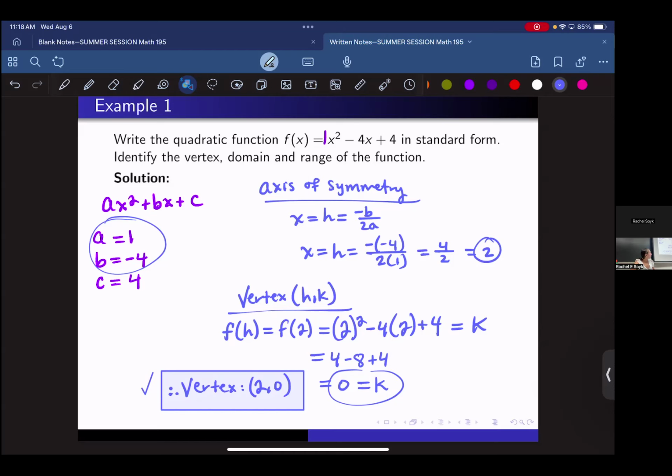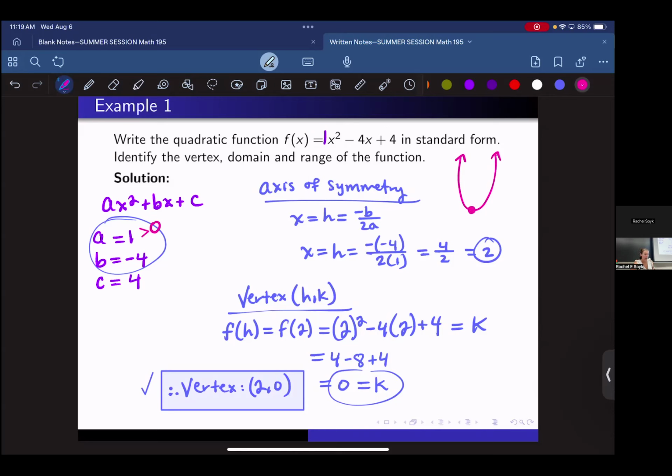And then the last part is being able to identify the domain and the range. And so if you look at your a value, our a is greater than 0, which is important because then we're looking at a quadratic function that is u-shaped and has a minimum value.